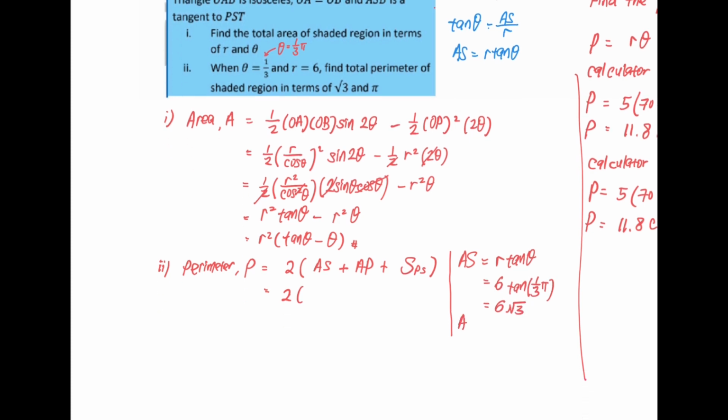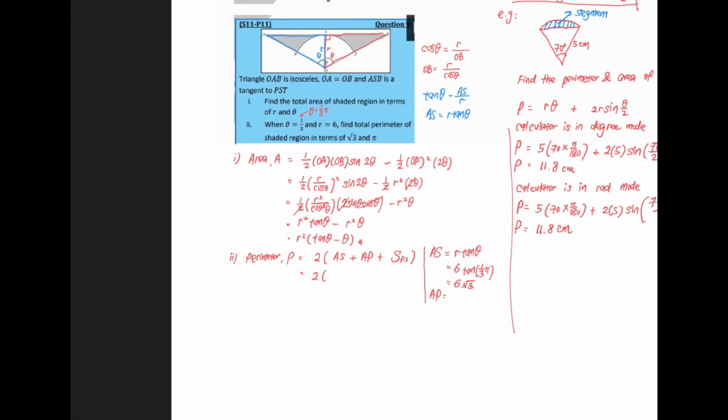Now AP, right? Like what I discussed with you just now. If I look at the picture, we have to know that AP is OA minus the radius. So OA we found out already. Again, it's from here. R over cos theta. So I write down first before I substitute. R over cos theta minus R. Okay, now I substitute with values.